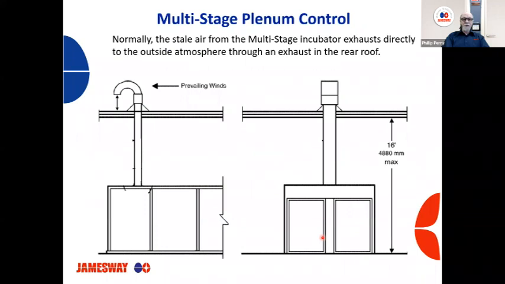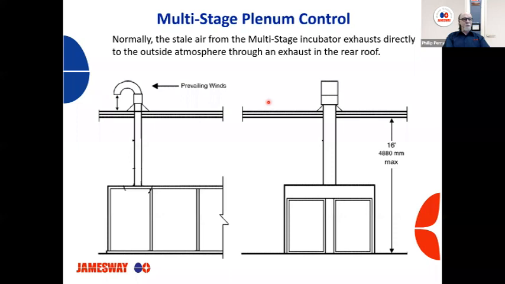In the multi-stage plenum, normally the stale air from the multi-stage incubator exhausts directly to the outside atmosphere through an exhaust in the rear roof. So if you've got a 16-foot minimum roof, then it's not necessary to have a plenum area with a controlled exhaust fan.